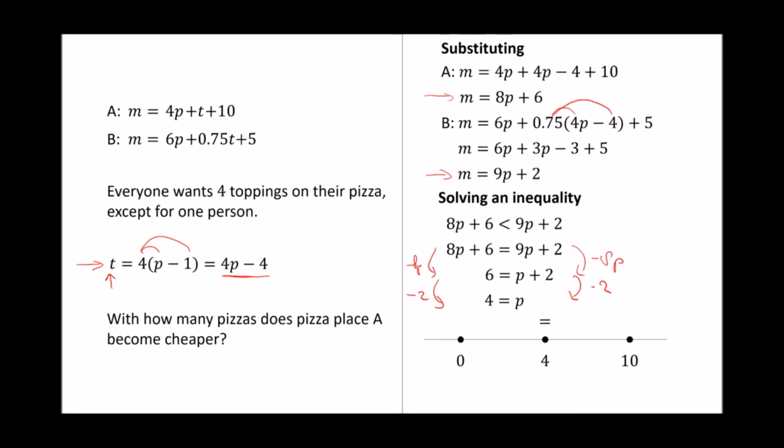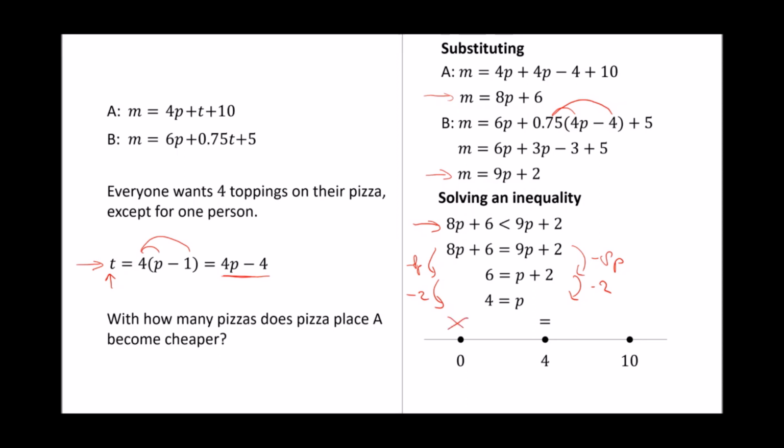So I choose a point under 4 to check. In this case I take a 0 because that's easy to calculate. And I choose a point over 4 to check, and then I pick 10 again because that's easy to calculate. So if I fill in 0, 8P disappears, 9P disappears. So in my inequality, I just get 6 is smaller than 2, which quite clearly is not correct.